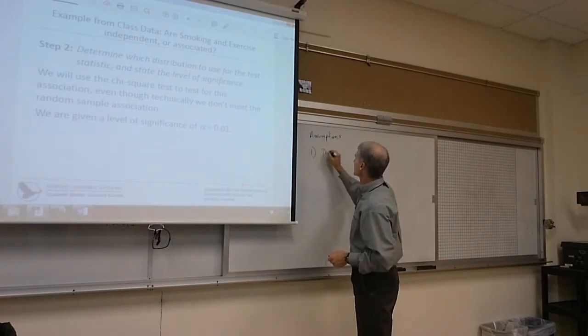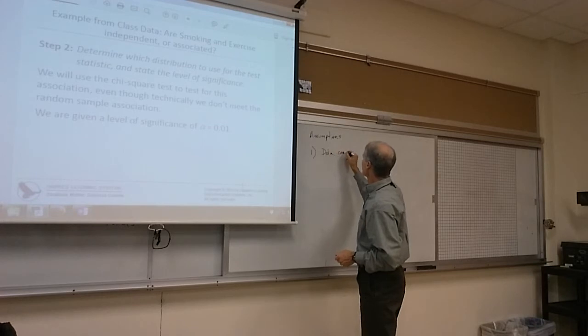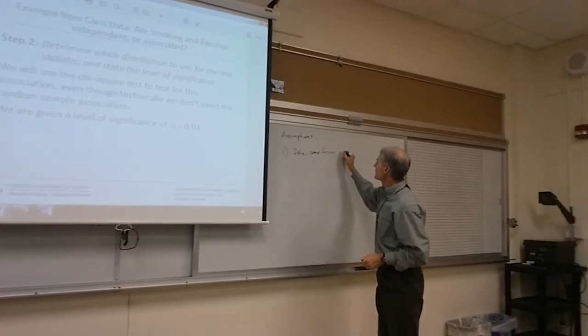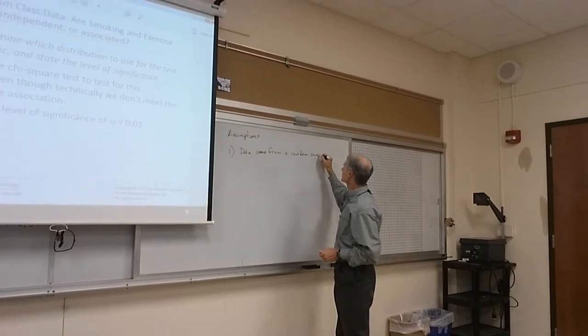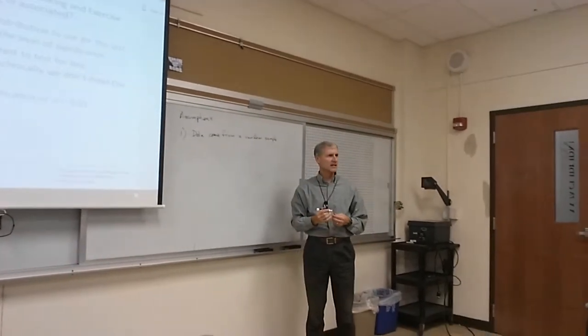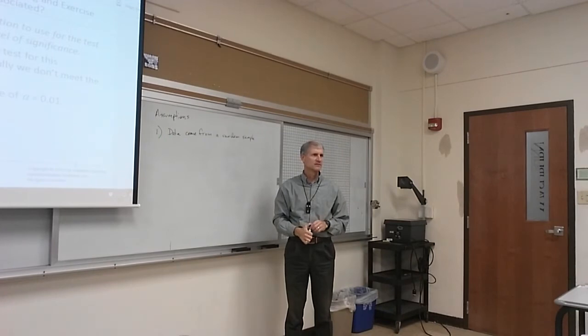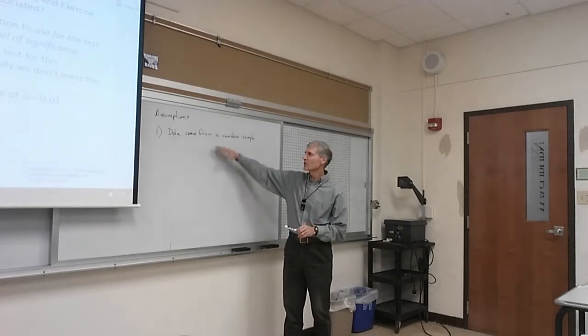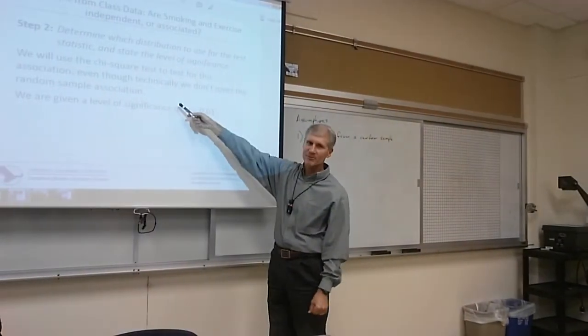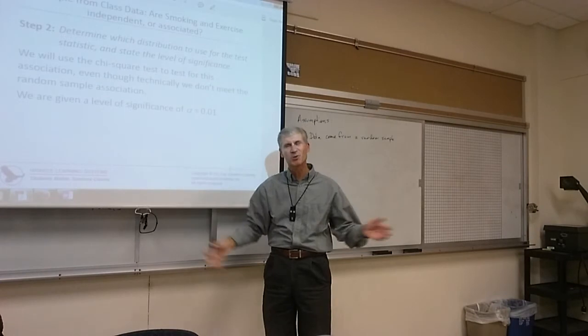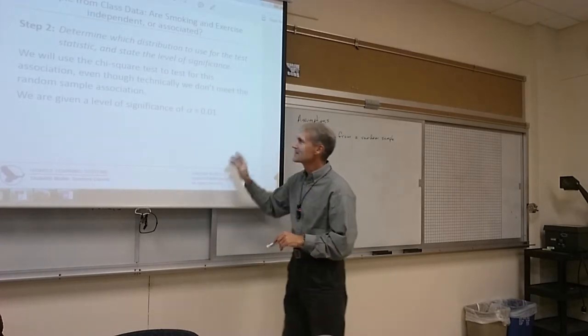So one, data come from a random sample. What about this data on smoking and exercising? Did it come from a random sample? No. Your sample was not random, right? So we don't meet this assumption, but we're going to ignore that. Technically, we don't meet the random sample assumption, but we're going to say, well, when you pull them all together, we'll call it good, right?